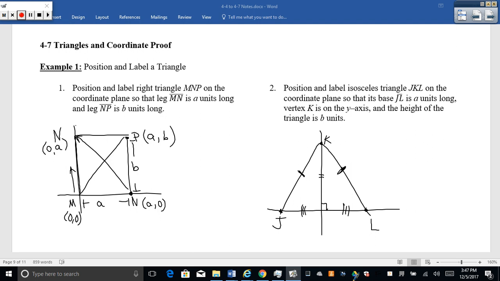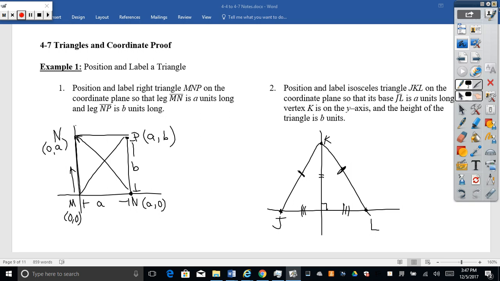Now, the reason why that's important is this. Let's start with the easy part. We know that the height of the triangle is B units. So if I go here, this length is B units tall. To get there, I'm going to go nowhere on the x-axis, so my ordered pair is 0 on the x-axis, but I'm going to go up B units.